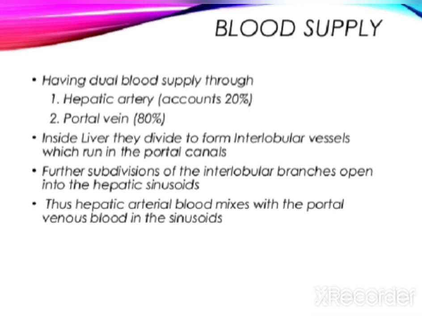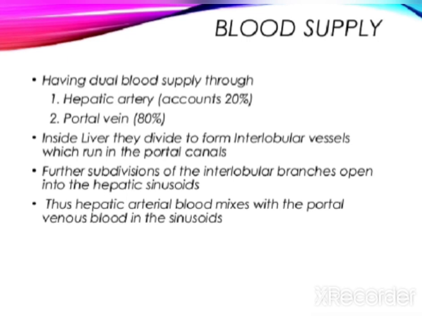Within the liver, these arteries and branches divide into segmental vessels, which further divide into interlobular vessels which run in the portal canals. Further ramifications of the interlobular branches open into the hepatic sinusoids.